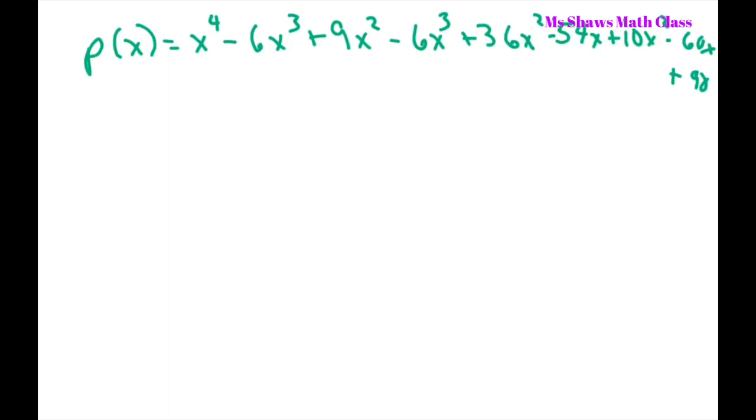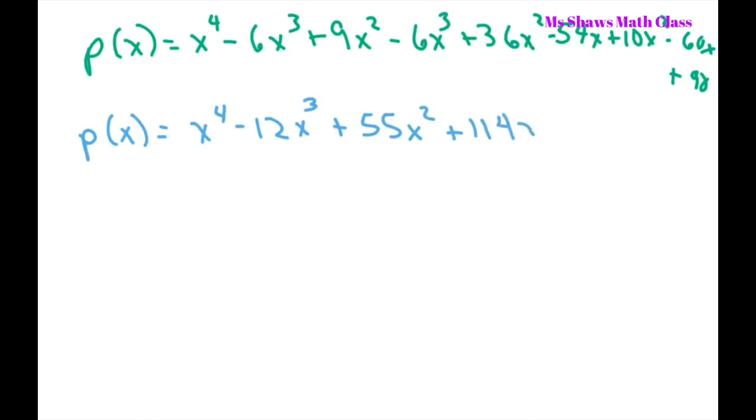And then all together, once you simplify and collect your like terms, you should have x to the 4th minus 12x cubed, I hope I did all this right, plus 55x squared plus 114x plus 90.